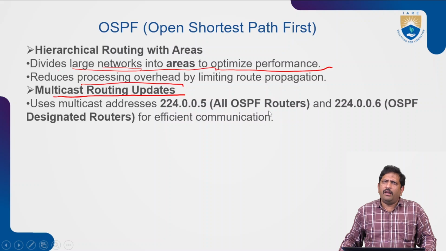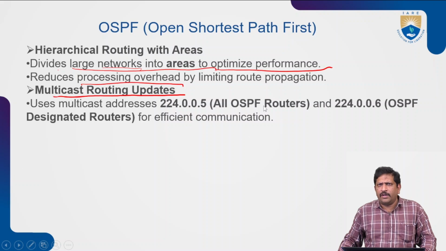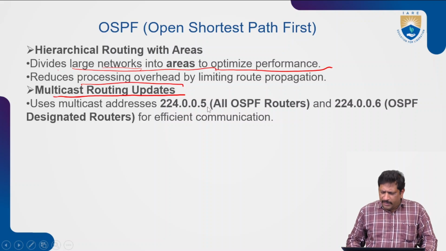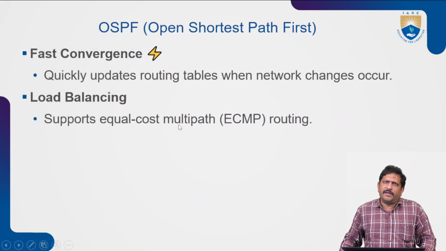That means whatever devices are connected over the network, all the devices can be interconnected by assigning one IP address for efficient communication. By this, routing updates can be done regularly, and fast convergence can be achieved.